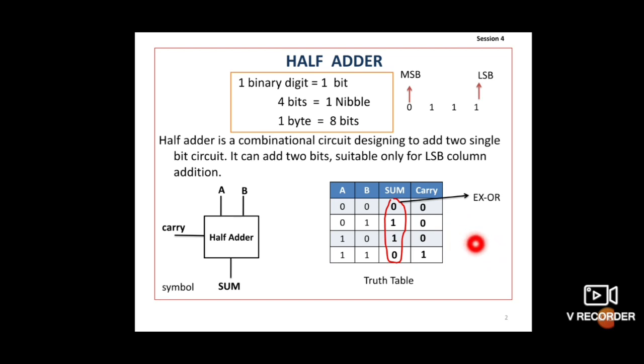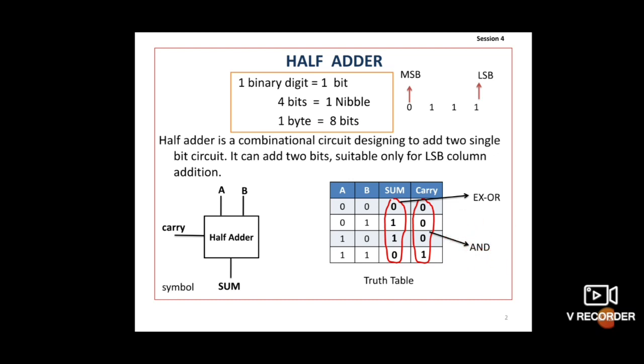But using the K-map method is not necessary here, because you already know that 0 1 1 0 is XOR gate output and 0 0 0 1 is nothing but AND gate output.